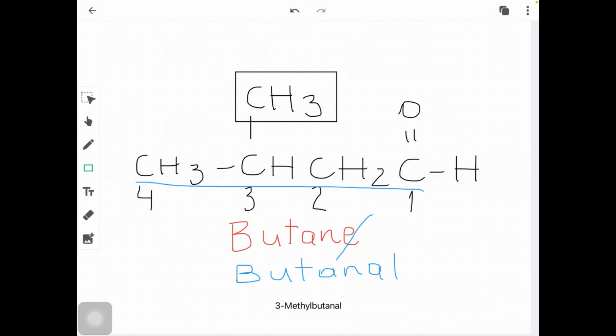This is called 3-methylbutanal. You may ask, why didn't I add a number for the aldehyde? Well, as I explained before, our carbonyl group is always located in position 1, and it is not necessary to include it in our name.